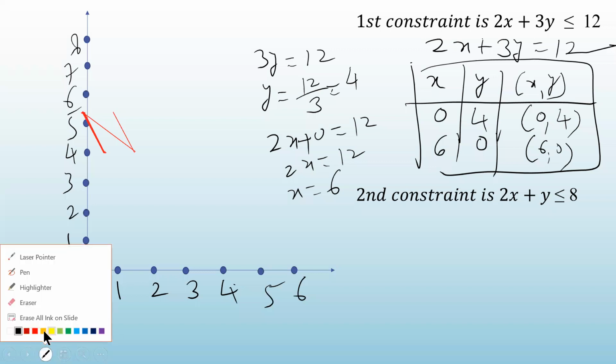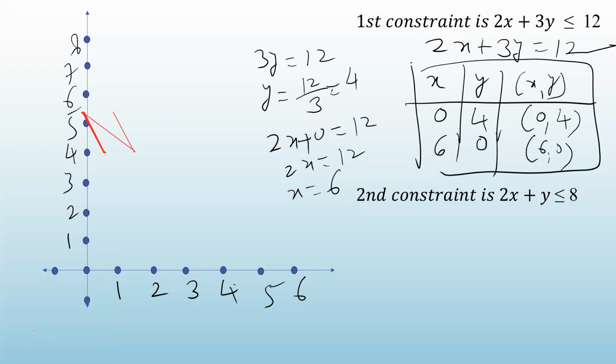Let me use a different color, red color. So x is 0, y is 4. This is the point 0, 4. And 6, 0, it is this point. Correct? So now what we have to do? We have to join these 2 points, 0, 4 and 6, 0.